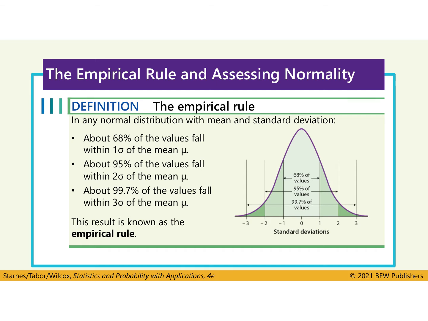And about 99.7% of the values fall within 3 standard deviations of the mean. This is known as the empirical rule. In AP Stats, we call this the 68, 95, 99.7 rule, so that we can remember those numbers. But we also need to recognize that it's called the empirical rule.